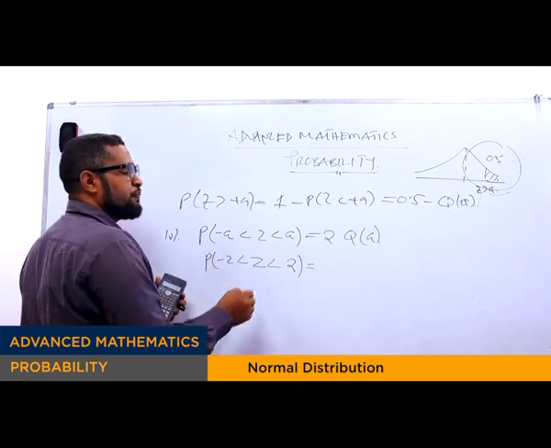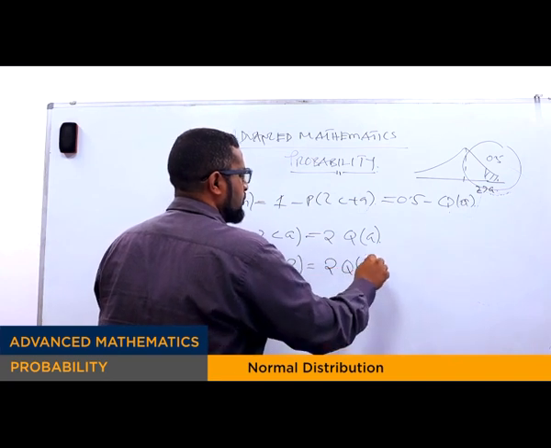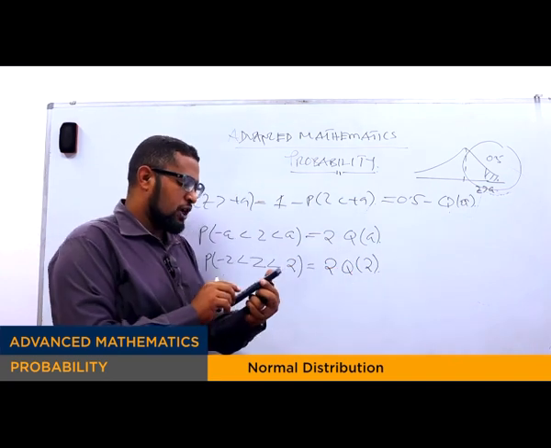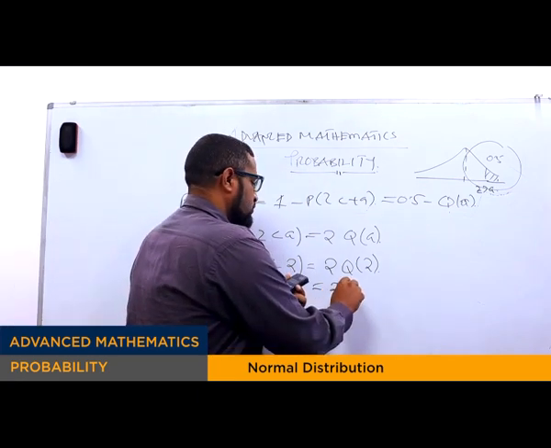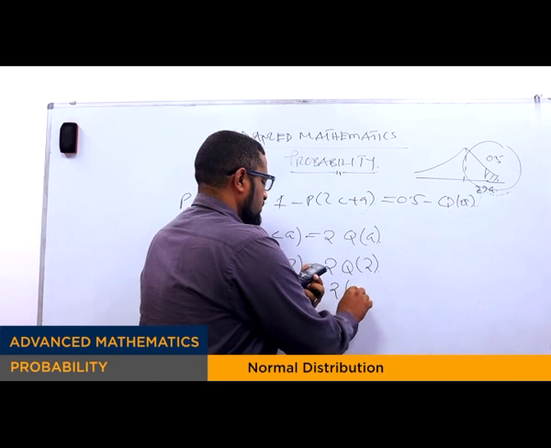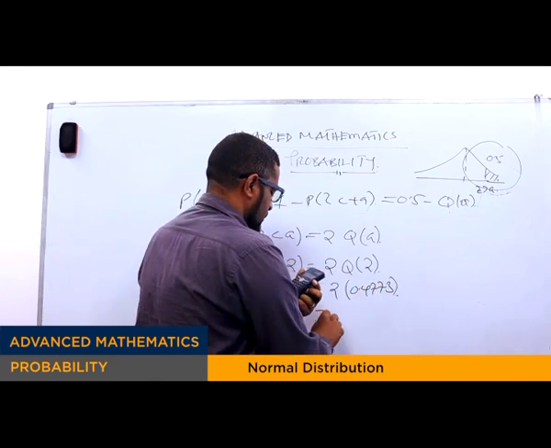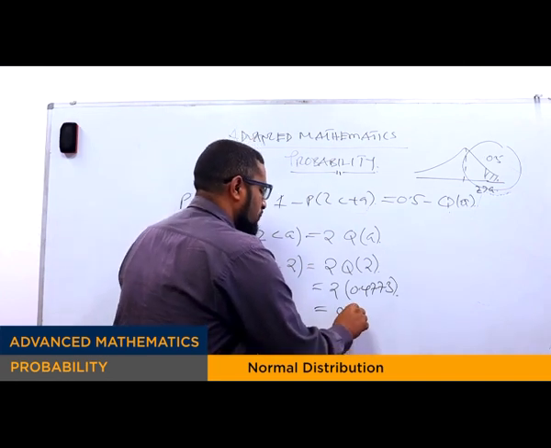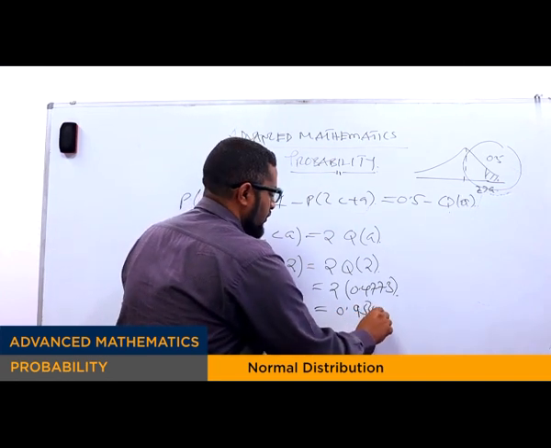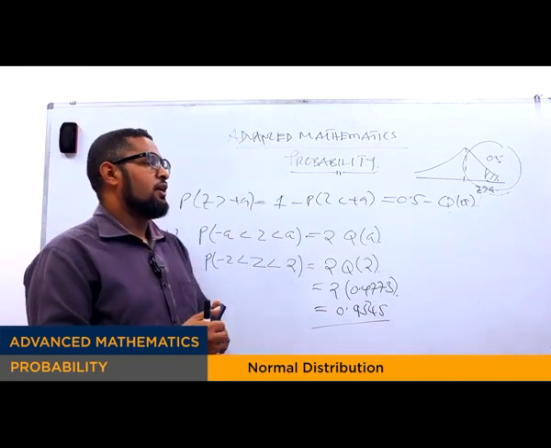This is negative and this is positive. So the same as taking 2 q of 2. If you use your calculator again, you'll find that it is 2 times the bracket of 0.4773. Opening the bracket by multiplying, you will get 0.9545. That is number 4.